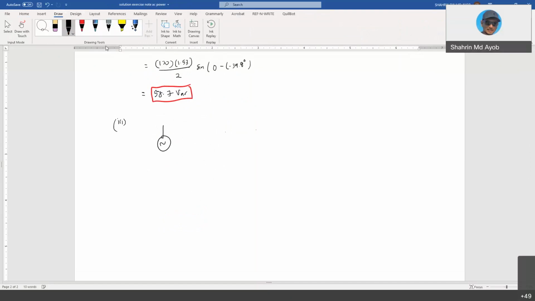So here you have 120 volt with an angle 0. What is the value of the capacitor? Negative 144.7. This one you need to convert, because we know XC is negative j 1 over ωC.